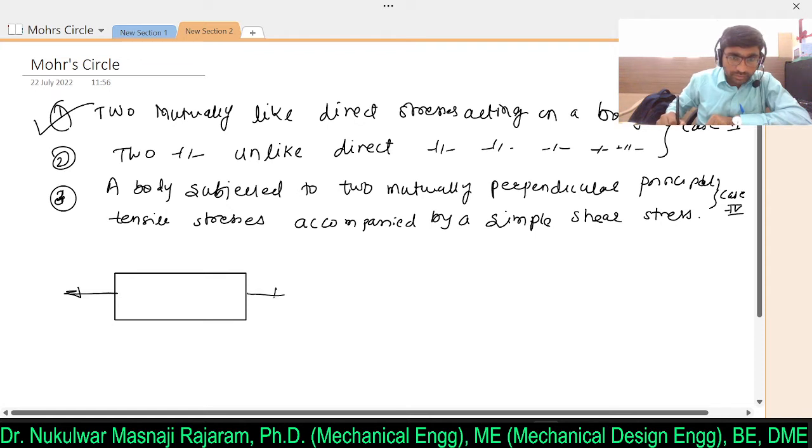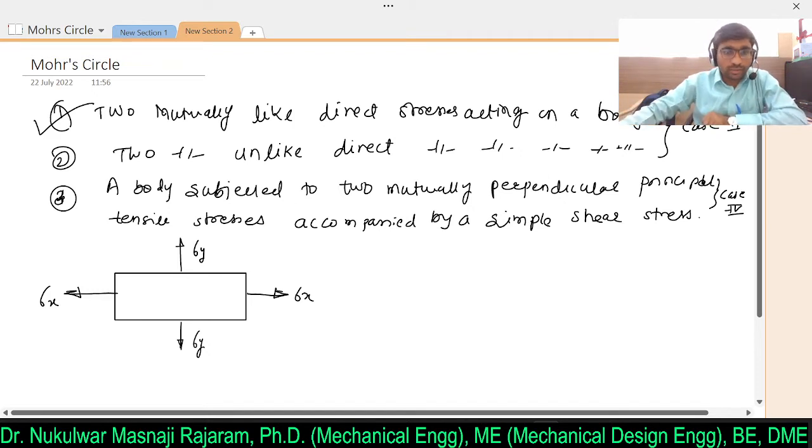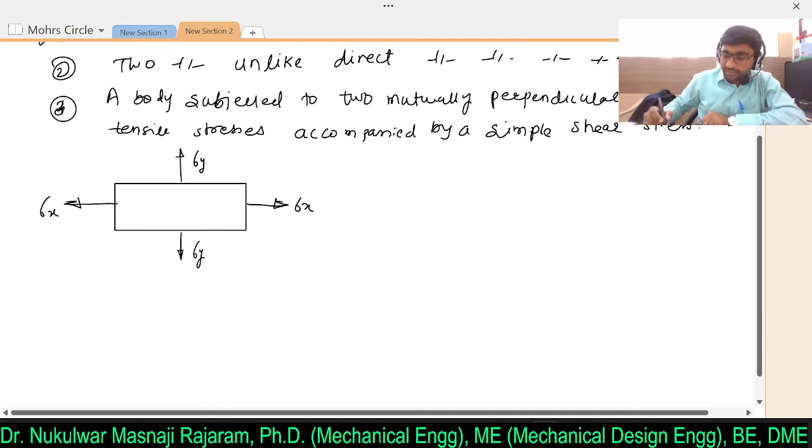I will consider sigma x along the x direction and sigma y along the y direction. Clear? If such a case is there, how do we evaluate principal stresses and shear stresses? Let's try to understand.